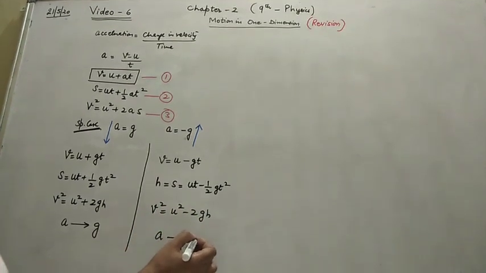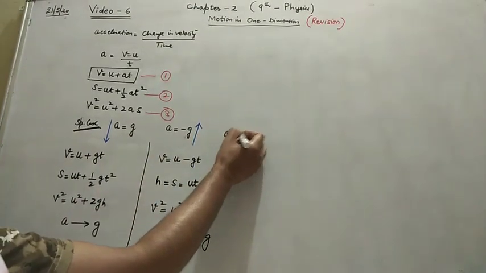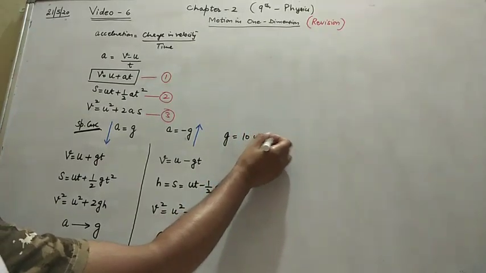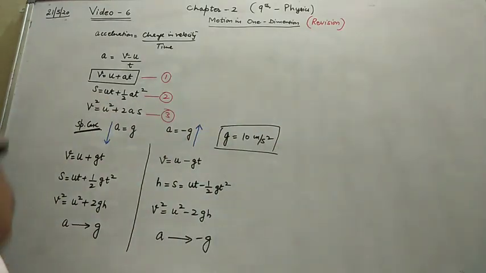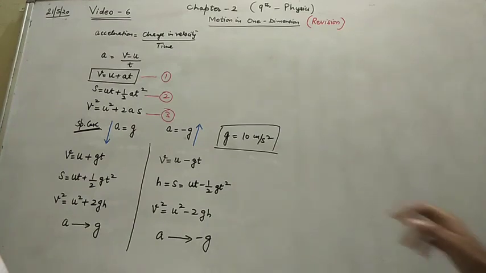Here a we are replacing with minus g. As you know, the value of gravity, with approximation, is 10 meter per second square for earth. These are the same three equations of motion, but in different form, because here we are replacing a with g and a with minus g.